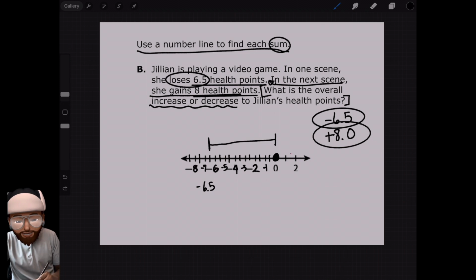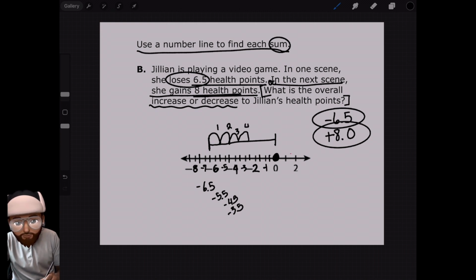Start at negative 6.5, and we're going positive. So one jump would now be a negative 5.5. 2 jumps is a negative 4.5. 3 jumps is a negative 3.5.